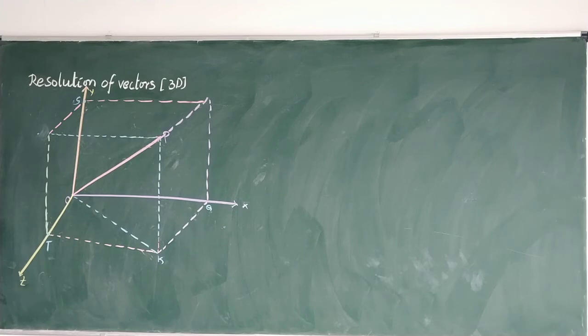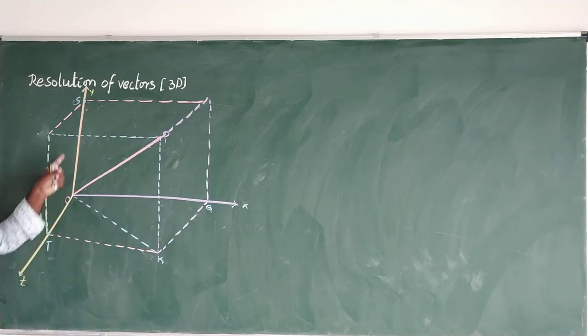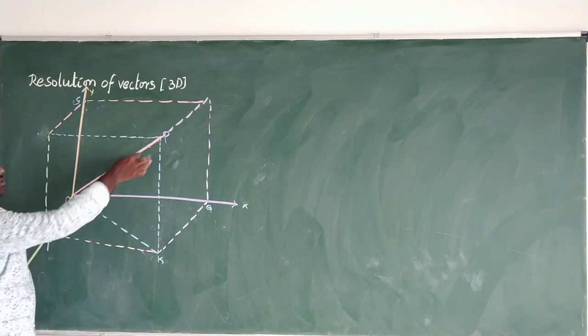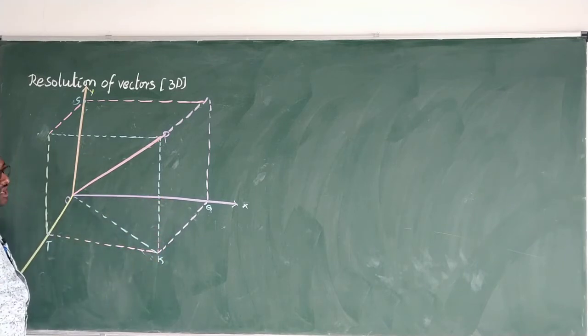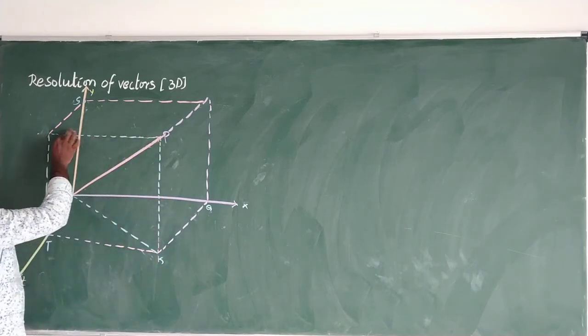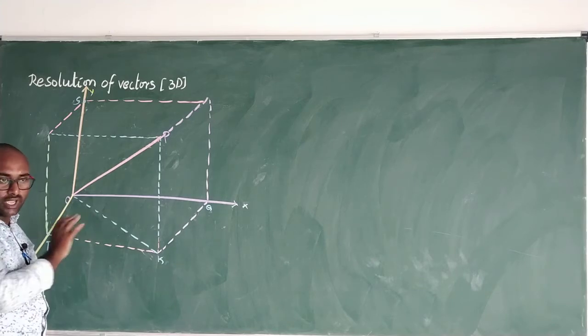Understood? Now I want to resolve this vector into three components: one along the x direction, one along the y direction, and one along the z direction. For that, I have drawn perpendiculars onto the x-axis, y-axis and z-axis and extended them to make a three-dimensional shape.